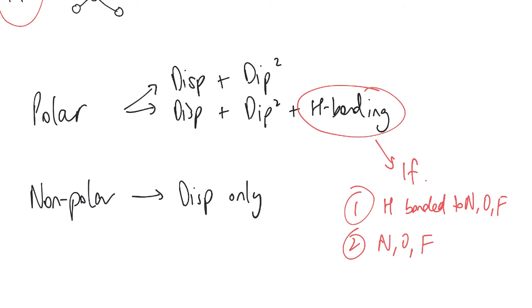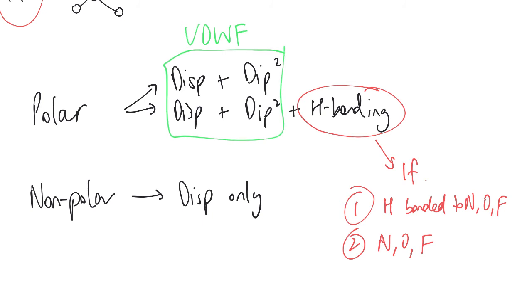Here are your van der Waals forces: dispersion, dipole, and H bonding. If it's non-polar, it's going to have dispersion forces only. Full stop, that's it. The dispersion forces are dependent on the size. If it's polar, it's going to have dispersion forces and dipole forces, automatically. So they always have these 2.